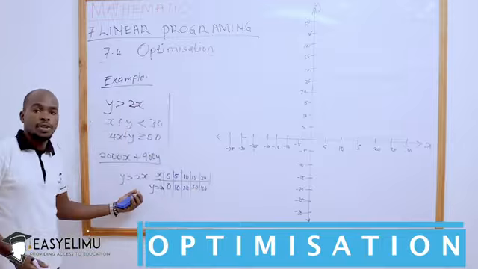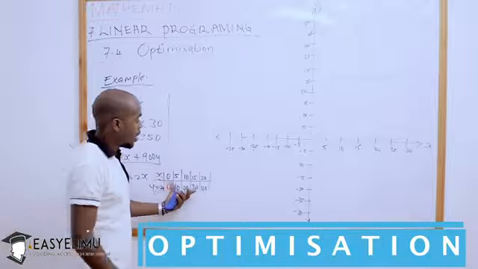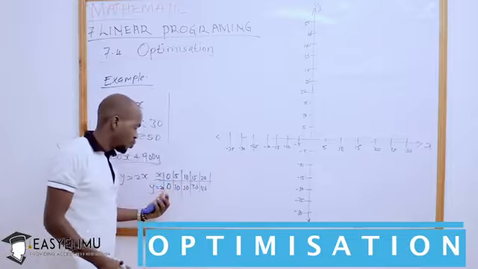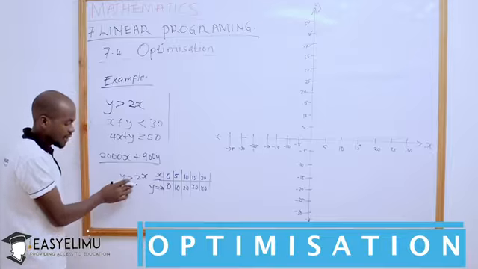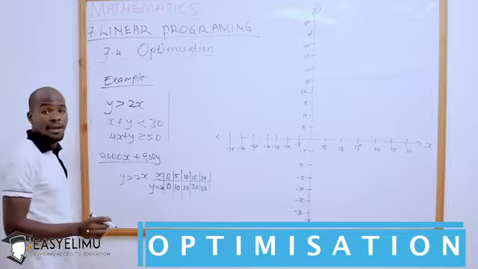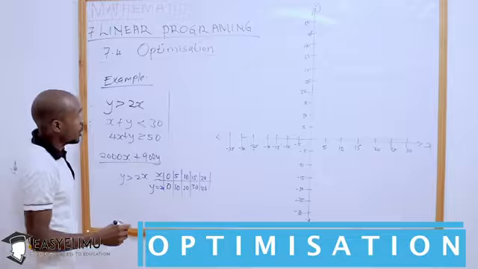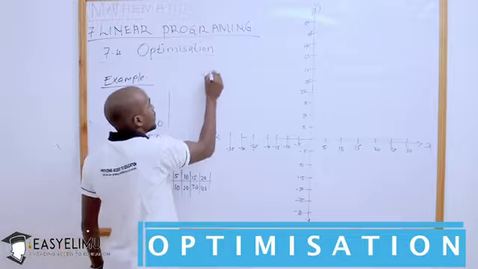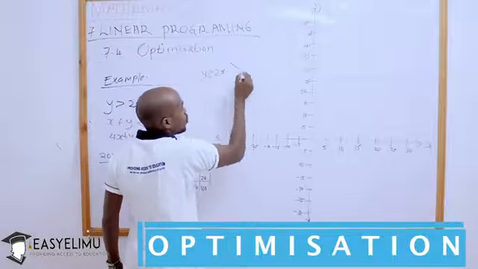Now I will plot y is greater than 2x first, by plotting the line y equals 2x. Because this is greater than, and not greater than or equal to, the line will be dotted. If it were y greater than or equal to 2x, the line would be continuous.